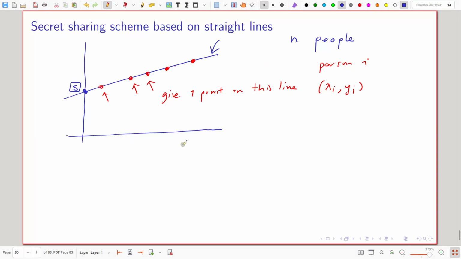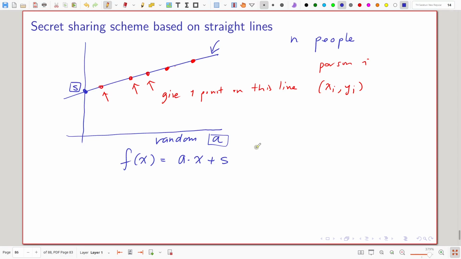So my line is going to be the function f(x) = a times x plus s. I would pick a random slope a. A is a slope, right? I pick a random slope, and then my function is a line. It's going to look like this: ax + s.